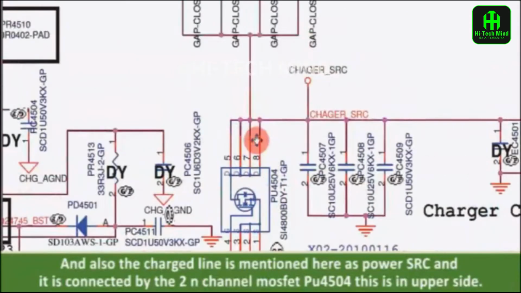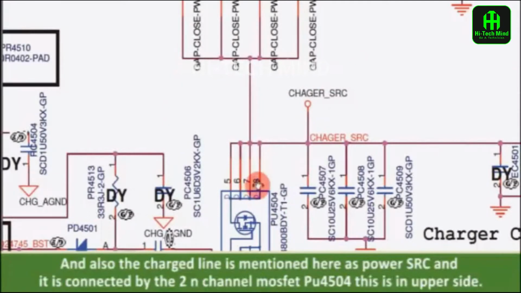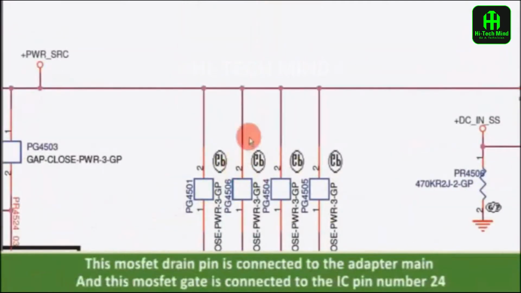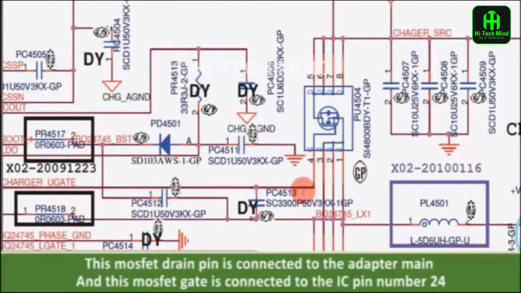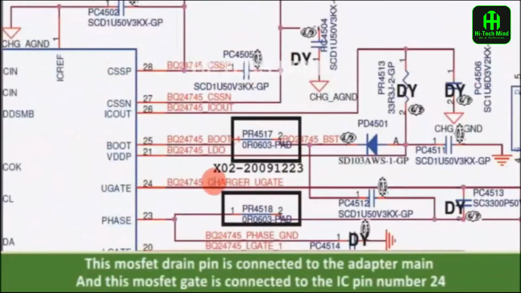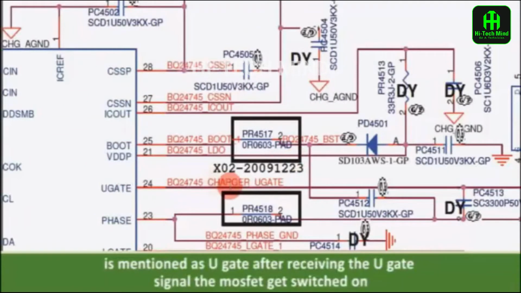PU4504, and this is the upper side MOSFET. This MOSFET's drain is connected to the adapter main, and this MOSFET's gate is connected to IC pin number 24, which is marked as U gate.